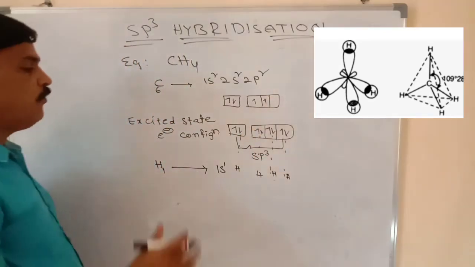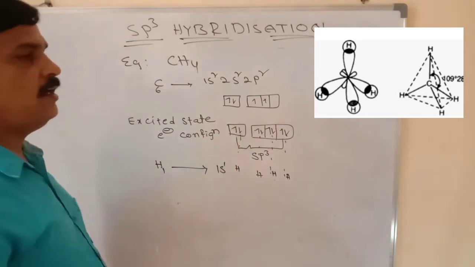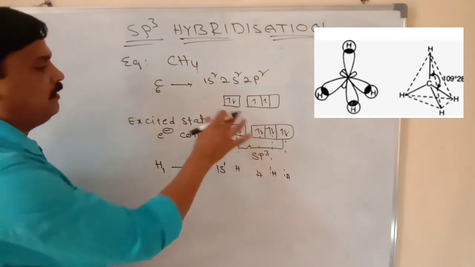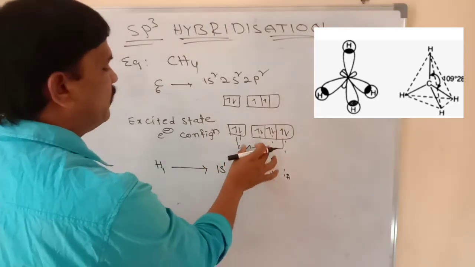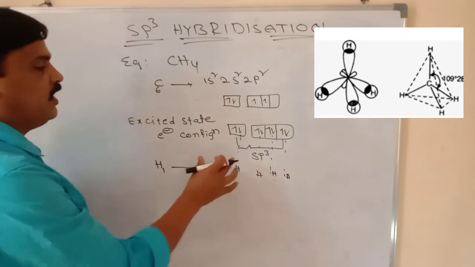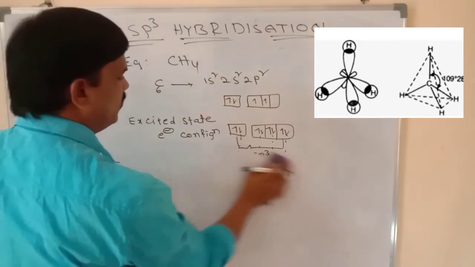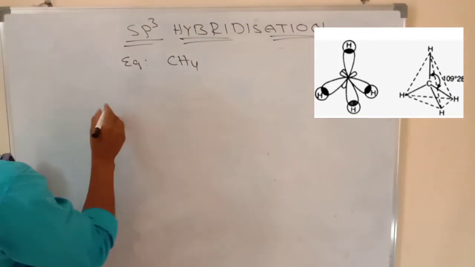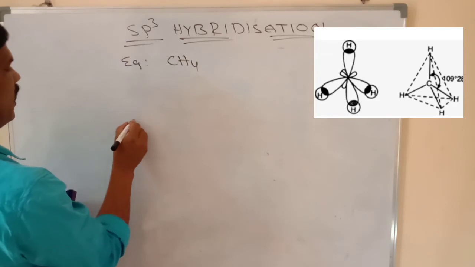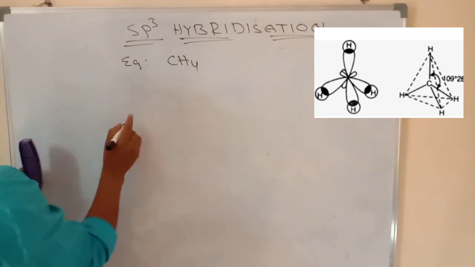The four hydrogens bond with the carbon's unpaired outer shell electrons, the sp3 hybrid orbital electrons, and give the new molecule. So what is that molecule? For methane, it is the carbon sp3 hybrid orbital combining with hydrogen.